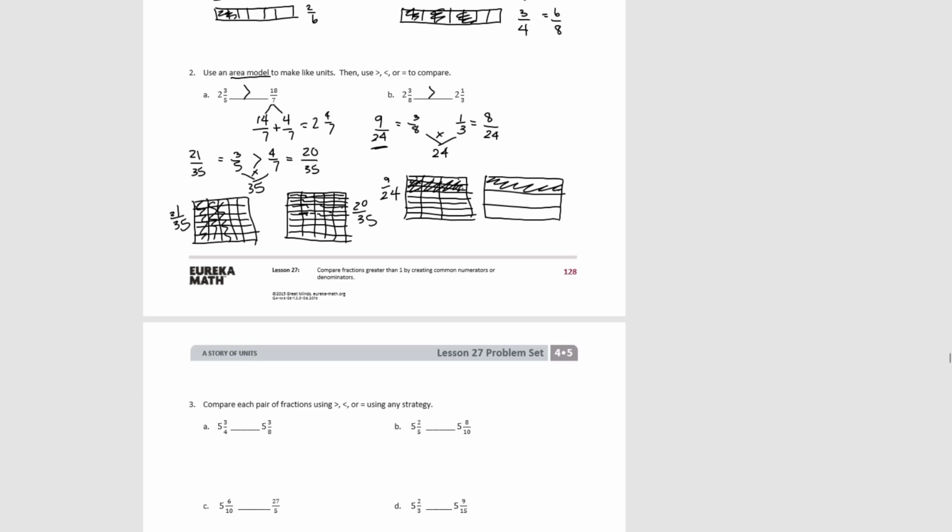And here we'll decompose by 8. And when we count, we have 1, 2, 3, 4, 5, 6, 7, 8, 8 24ths. And again, our comparison shows us that 9 24ths or 3/8 is greater than 1/3 or 8 24ths.